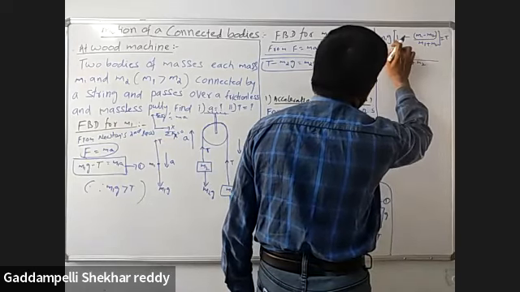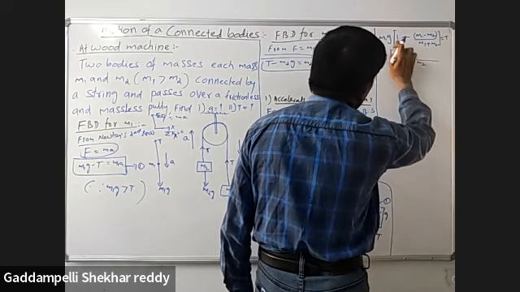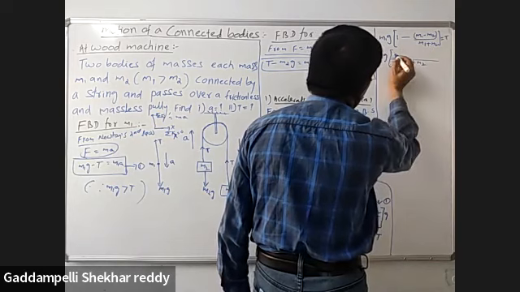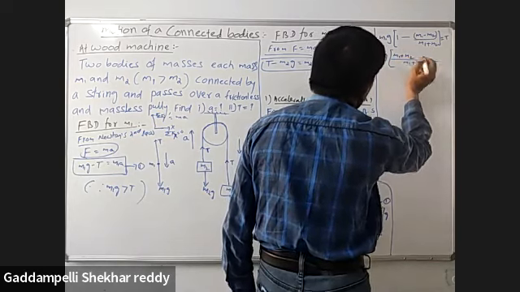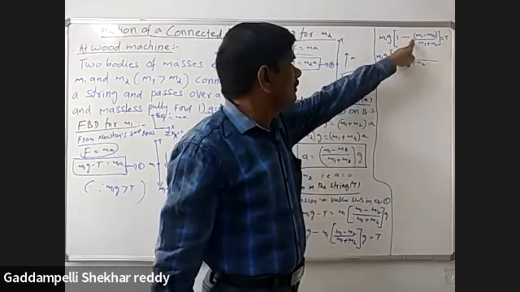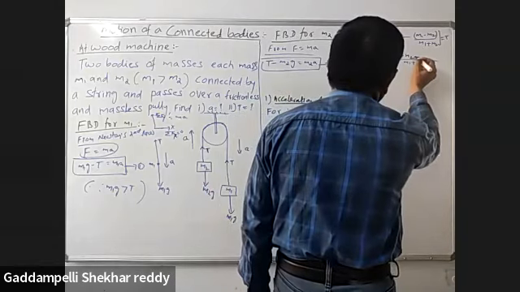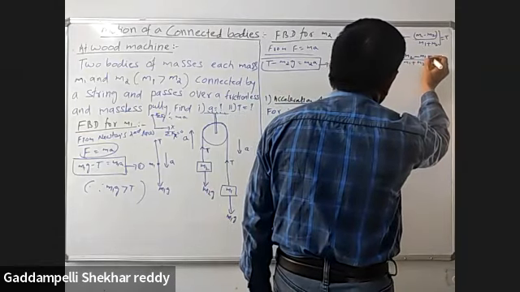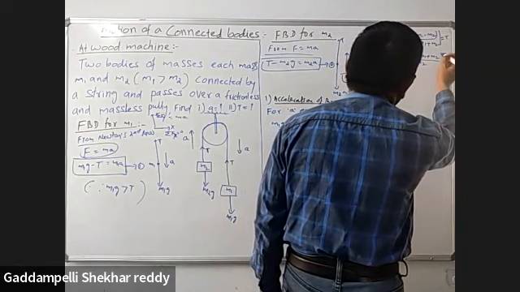So inside the bracket, (m1 plus m2) minus m1 plus m2.